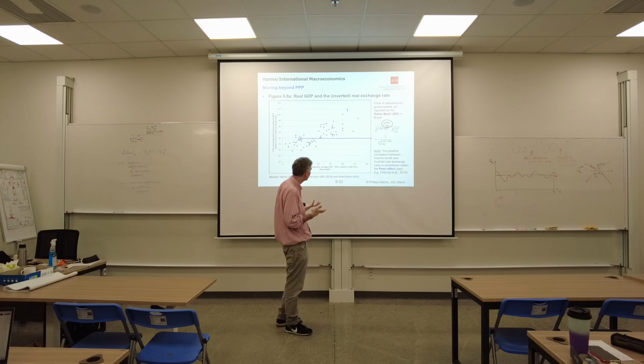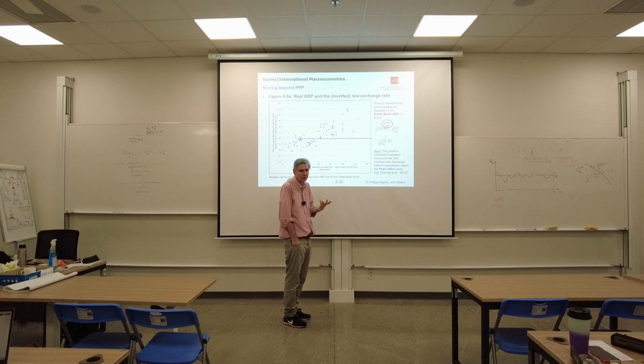And then people found that, in fact, we have that stubbornly strong correlation between relative price levels and per capita income levels. So rich countries are more expensive. That is a blow in the face of absolute purchasing power parity, right?